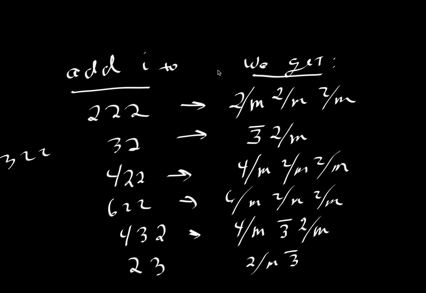So this is the way we generate some of the different kinds of point groups. We have this set of point groups over here to the left, and these can exist perfectly fine just by themselves. But if you found a 2, 2, 2, for example, but you also know that there is a center of symmetry, then there must be mirror planes perpendicular to each of those 2-fold axes.